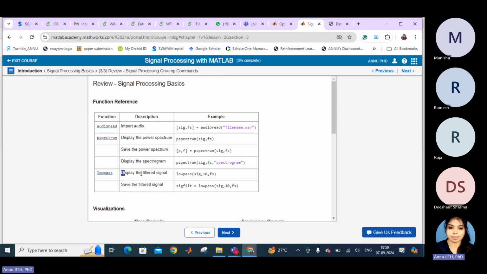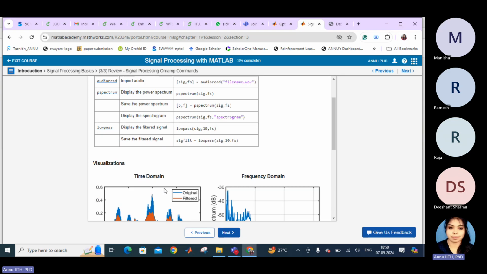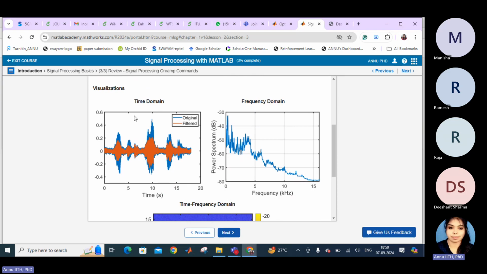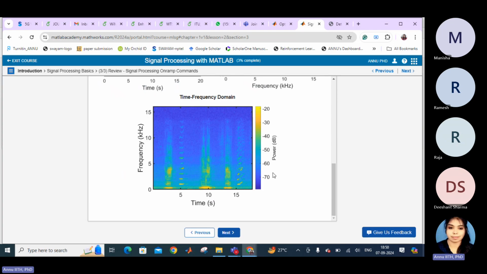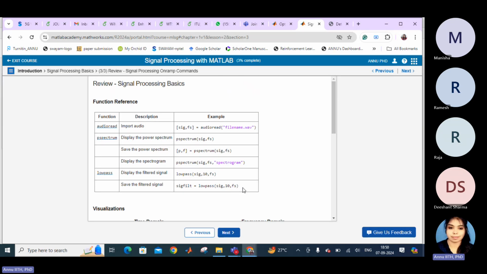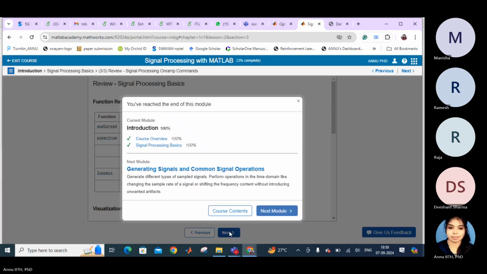Lowpass displays the filtered signal, and we can save the filtered signal. Okay, we saw this. In the time domain visualization, the original is blue and the filtered is red. The frequency domain we can see in blue, and in the time domain we also have this. This is a spectrogram. That's great. Let's go next.